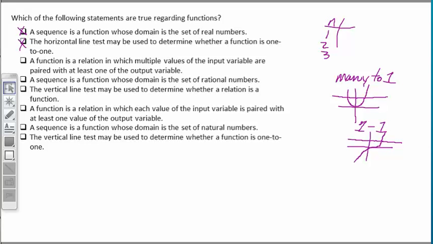Okay, a function is a relation in which multiple values of the input variable are paired with at least one of the output variable. They should have made that plural.